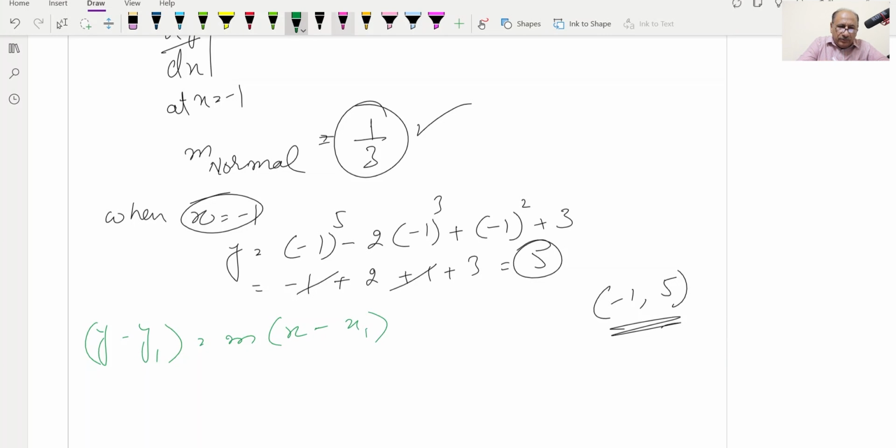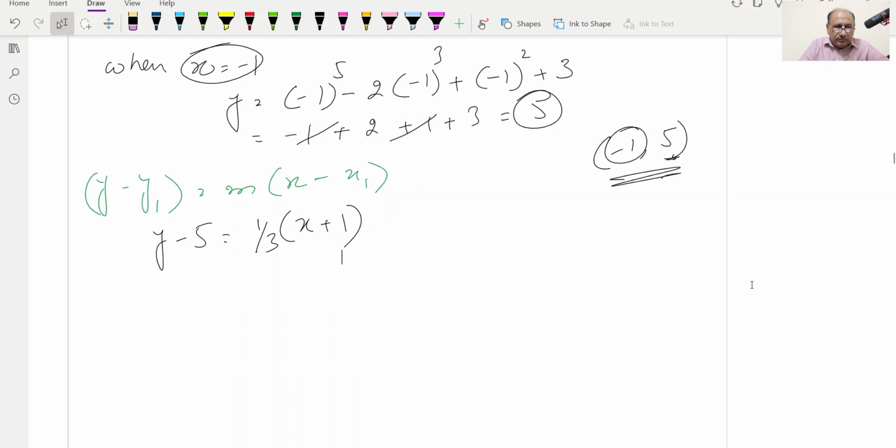So y minus 5 is equal to the gradient 1 by 3 into x minus x1, which is -1, so it will be +1 over here.